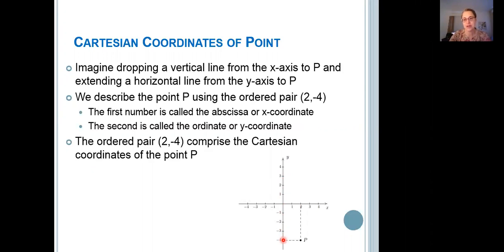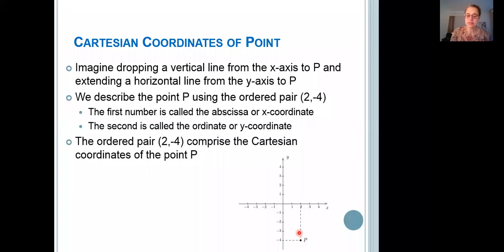If we think about drawing an imaginary line from some point on the plane, we can talk about this point in terms of how far over it is from the origin and how far down it is from the origin.